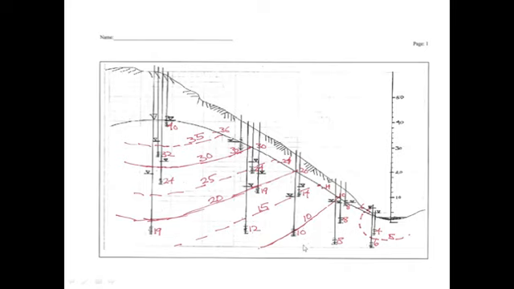And then this problem, really the key to this one is to see how you come up with the heads at these points. And the way to do it is to just recognize that the water level measured on this scale applies to the screen at this point. That gives you a series of points.